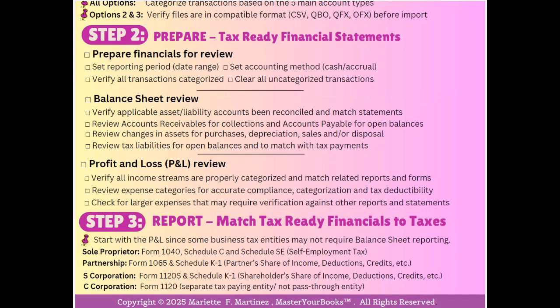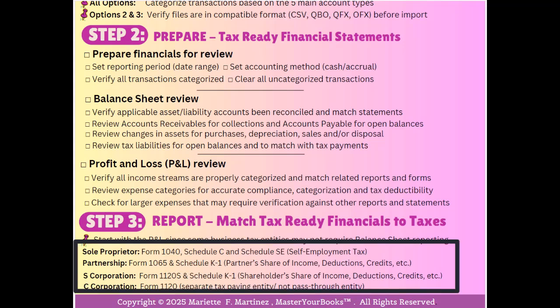And then step 3 is to report on your taxes. And using the match tax-ready book financials to the tax returns is a great learning experience for you to do, so that way you know exactly what's getting reported on your tax returns. We provide you some examples of tax entities so you know what those forms would be like.